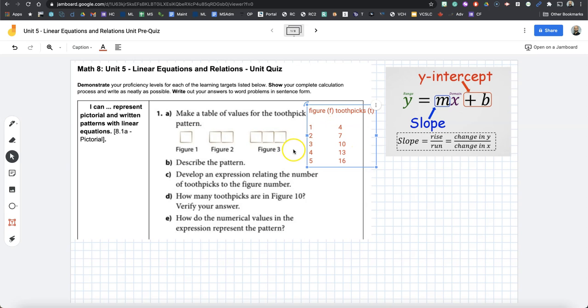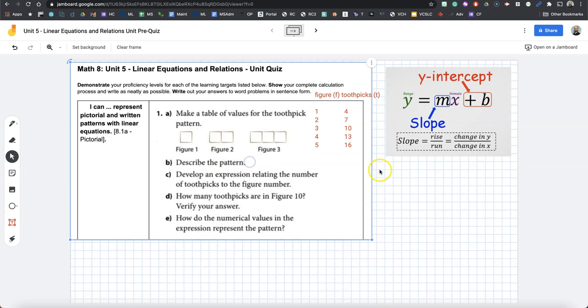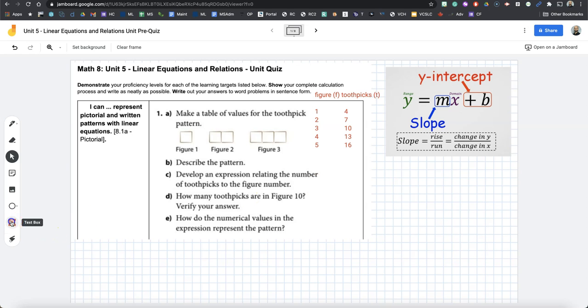Secondly, we're going to describe the pattern. Can I write on here? Yes.